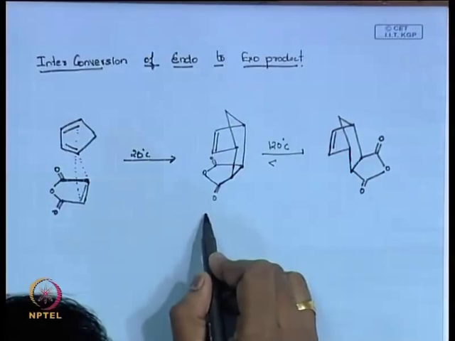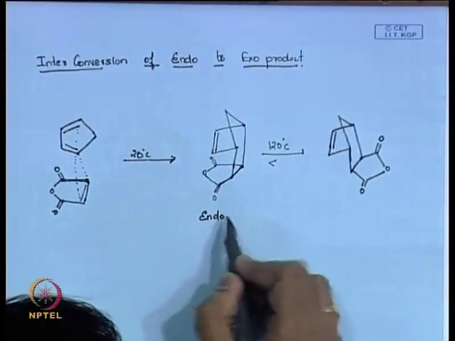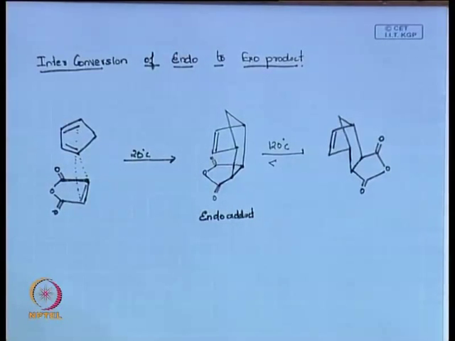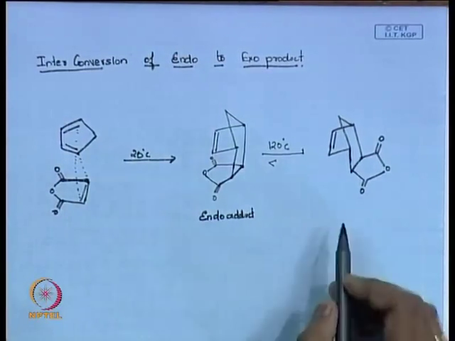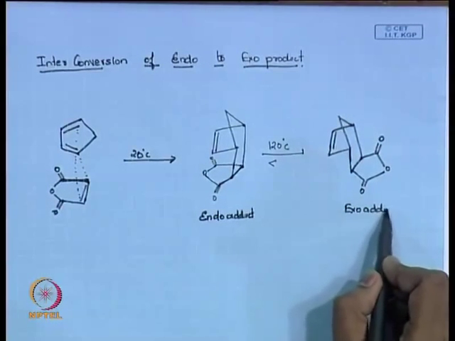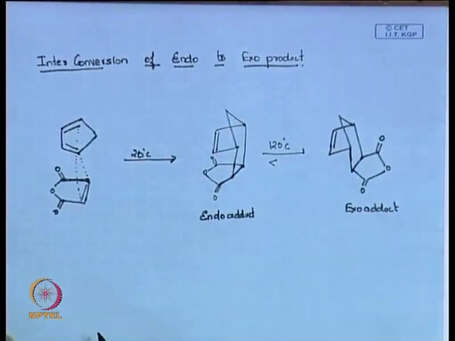So, you have an endo adduct, and if we heat it, it converts itself into the exo adduct. Very interesting.